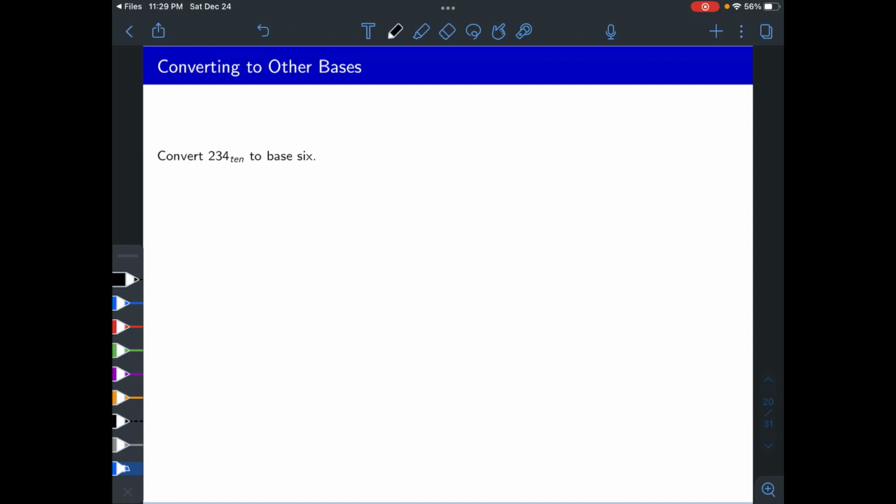So remember that in base 6, we would have a bunch of place values. We would have our 1's place, our 6 place, our 6 squared or 36 place, and a 216 place. So this is 6 to the 3rd, 6 squared.